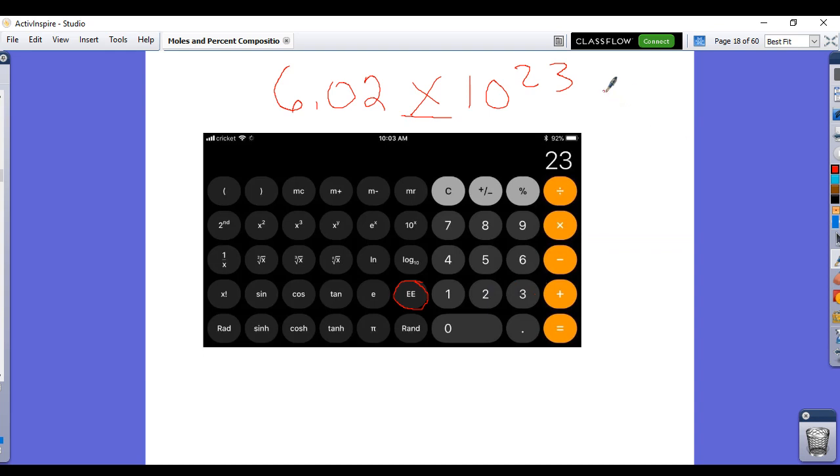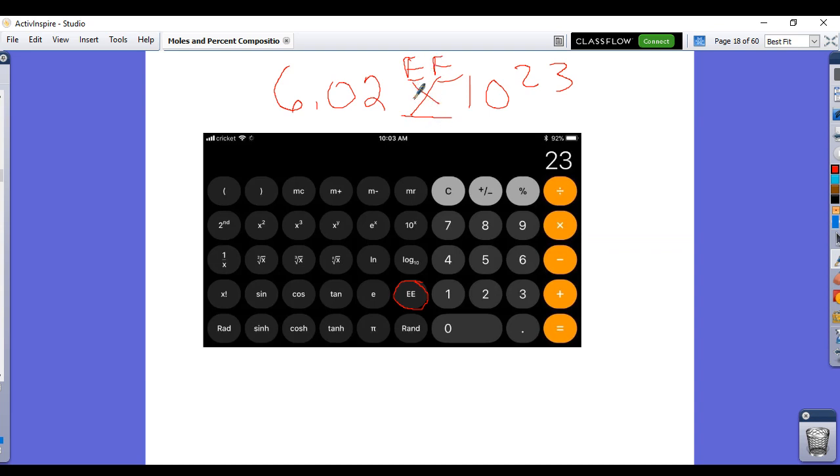And then whatever this might be divided by or times, then you would times it by the number that is there. So just making sure you understand how to type in a scientific number because you're getting ready to do that. You type in 6.02, and now we're at the X. The X is your EE.